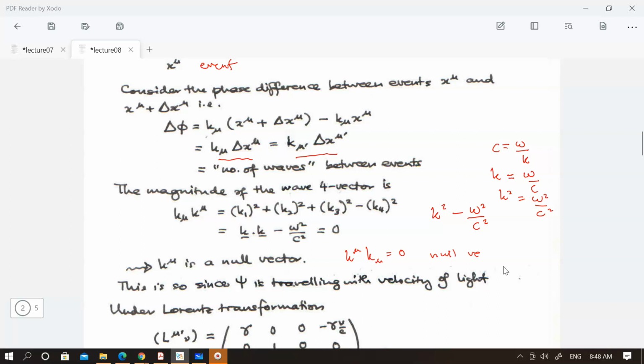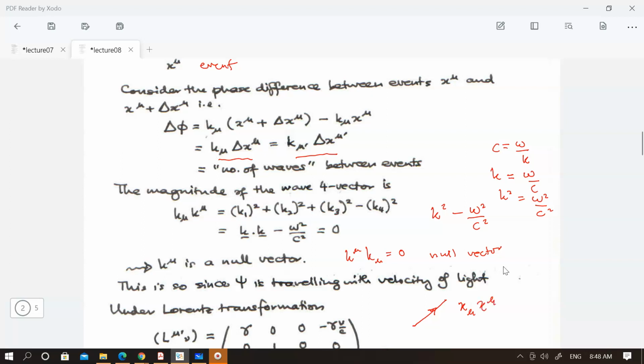Now, it actually makes sense because these are supposed to tell you how the light propagates, your k mu. Your k mu will follow the curve that gives you the light rays. And the light rays, if you remember, let's consider this as the position of a photon propagating through time.